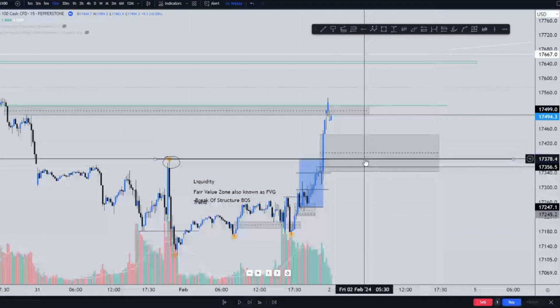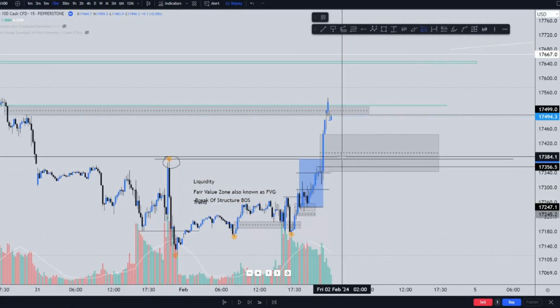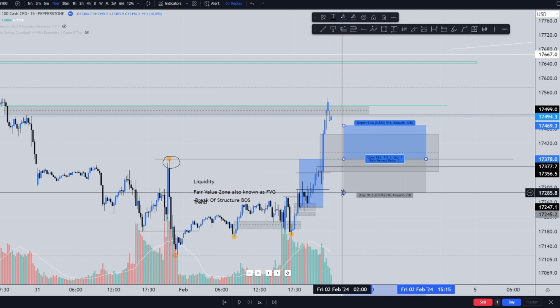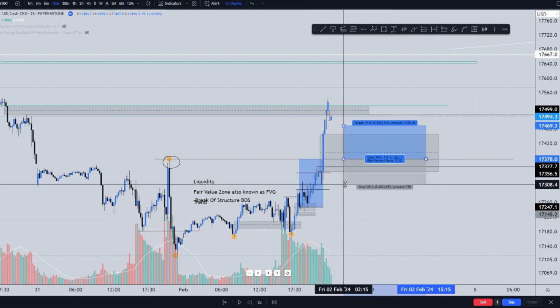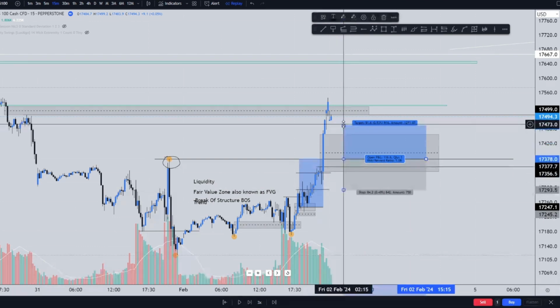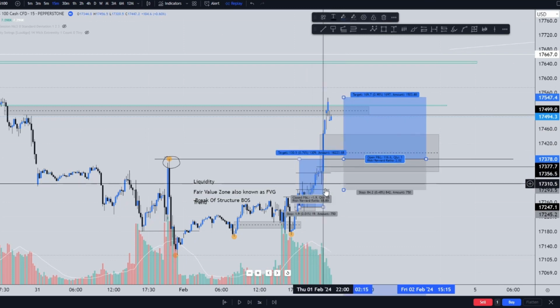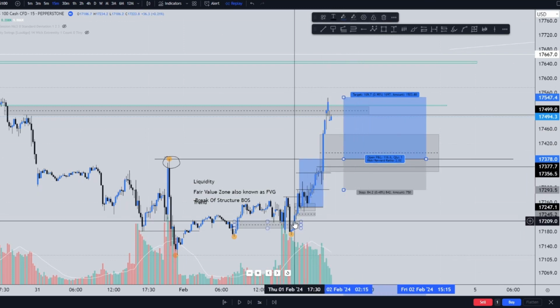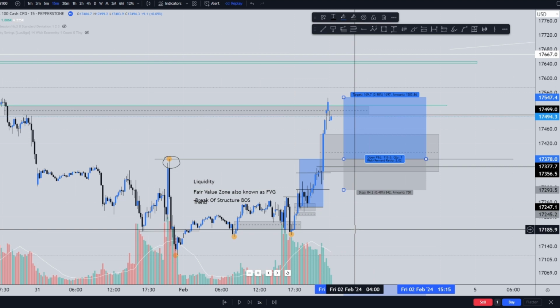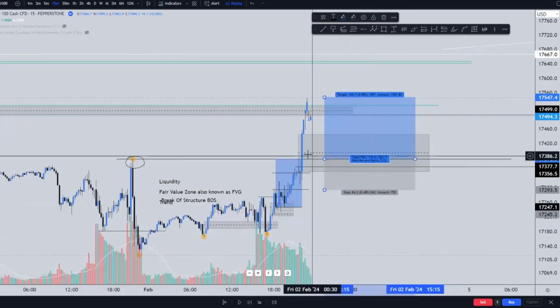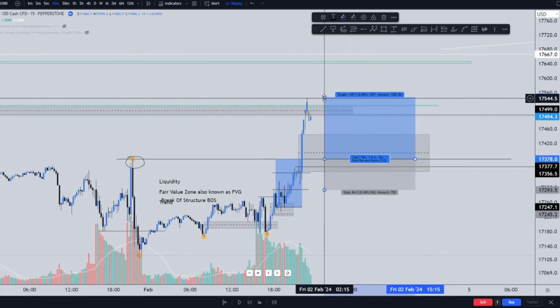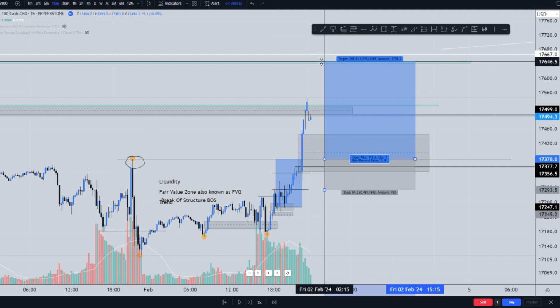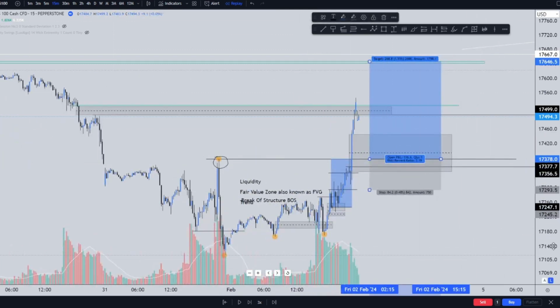So my entry, I will place the entry here with the stops under this liquidity. So if we take that liquidity, we could go even lower, maybe take that imbalance before we go higher. So we protect ourselves but want to maximize gains. In this case, we have again a 1 to 3 setup.